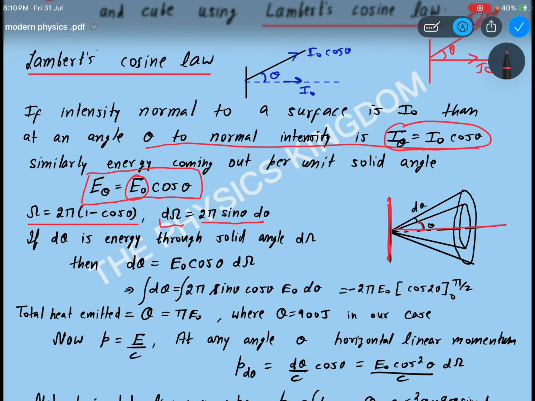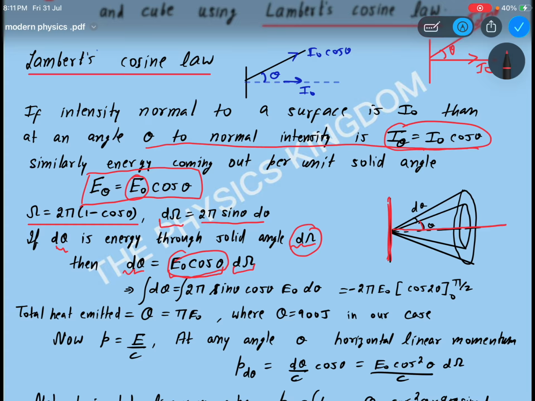Now if dQ is the energy through solid angle d omega, as in our question the total energy emitted was Q. Out of it, if only through solid angle d omega the energy emitted is dQ, it will be E naught cos theta into d omega, because this expression was the energy per unit solid angle. Okay, right. So now I can integrate this dQ.